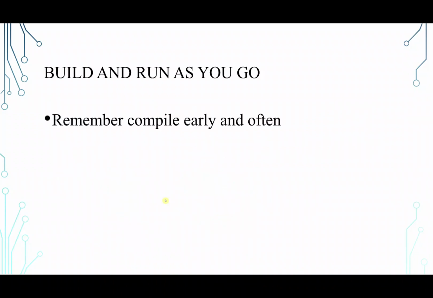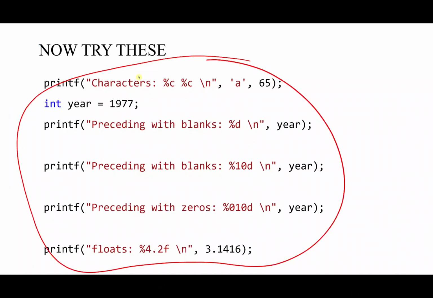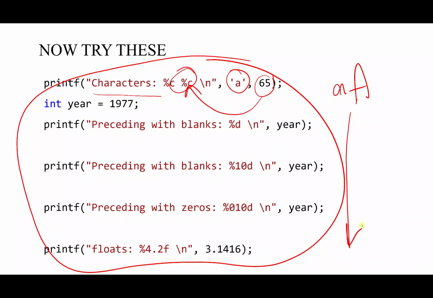So build and run your code as you go, and now you try those things. The first one prints the character A, and 65 is also representing a character and you're expecting a character. So A. Try all these and notice what is going on.